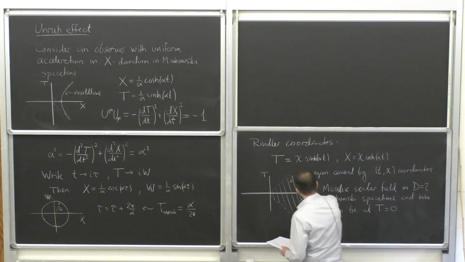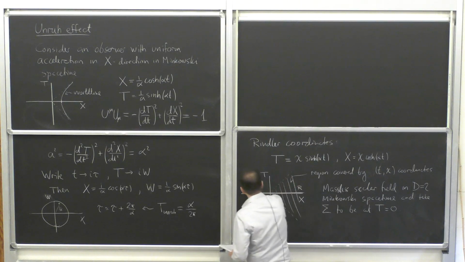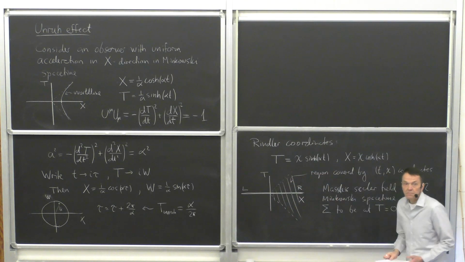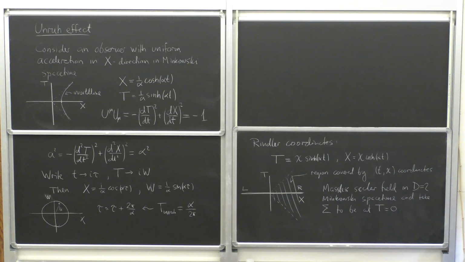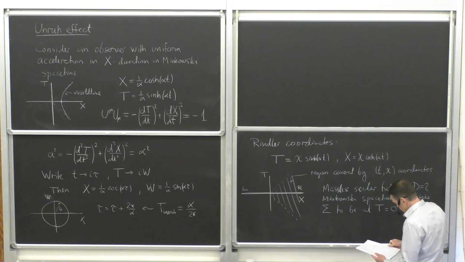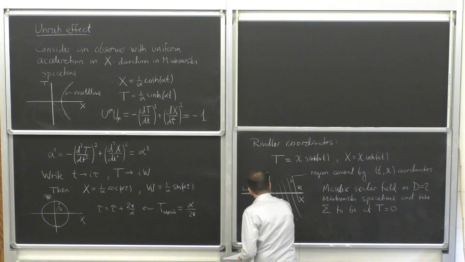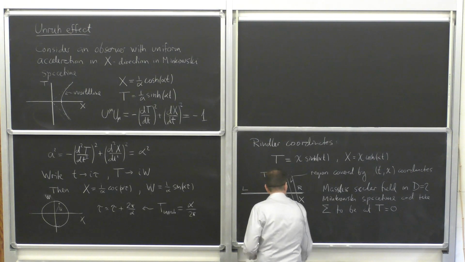There is the right part and the left part. This is just x larger than 0, x less than 0, right? So R is x greater than 0, L is x less than 0.